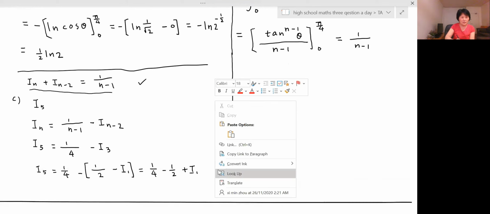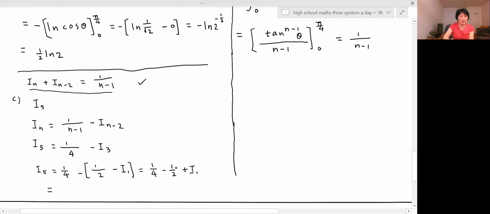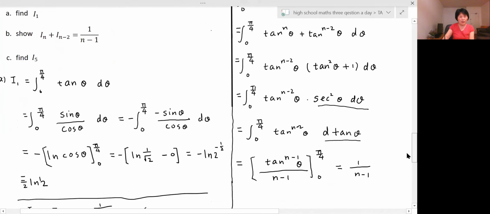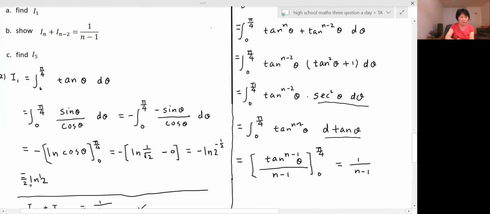Okay, then continue equal to 1 on 4 minus the half will be minus quarter plus I1. I1 we already have before. I1 is this one, half. I1 is the positive half.